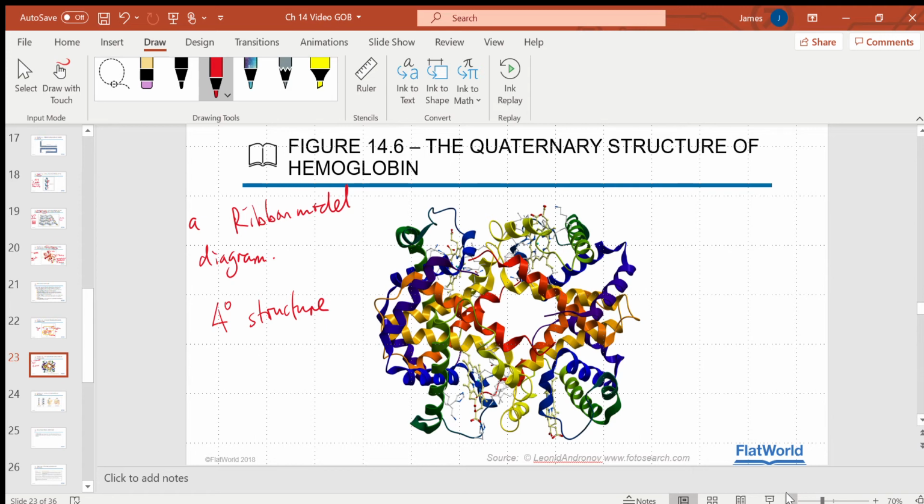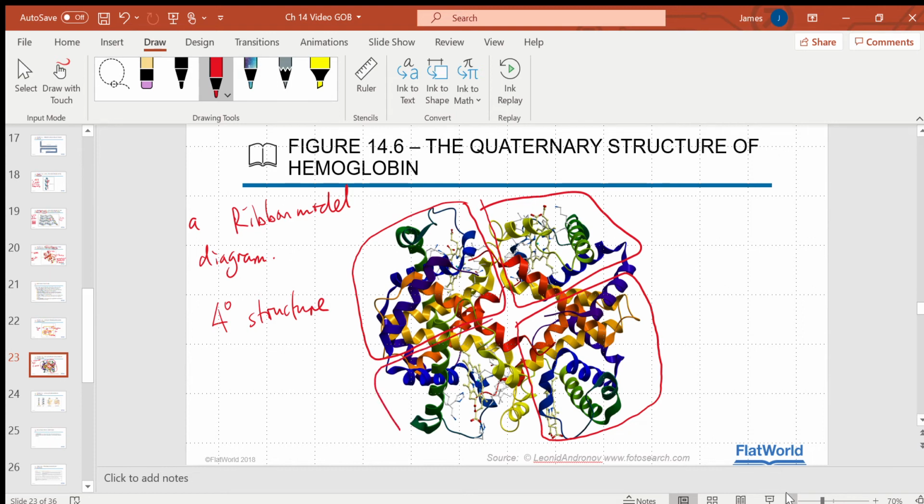Why is it quaternary? Well, we can see an aggregate of tertiary. So roughly speaking, I'll try and split this into 4 pieces. Incidentally, quaternary has got nothing to do with there being 4 pieces. It's just an aggregate of things with 3 pieces. But we can see that we have a collection here, roughly.